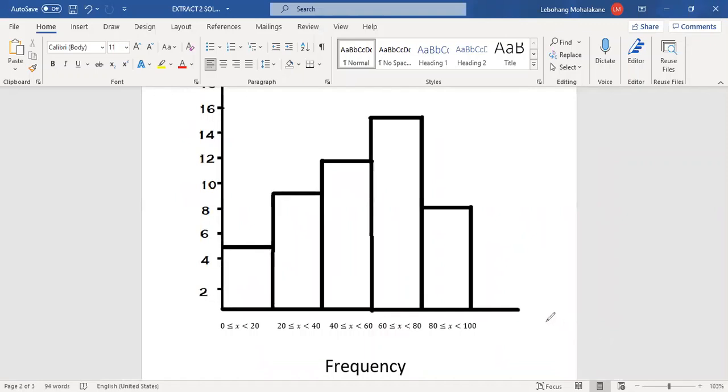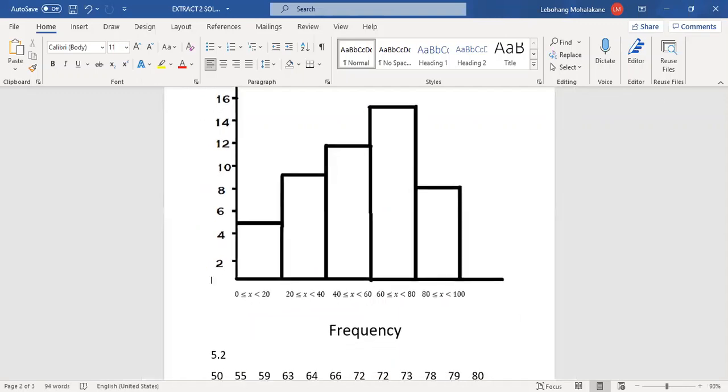So here is our histogram. I want to zoom in a bit so that we can have a clear view.